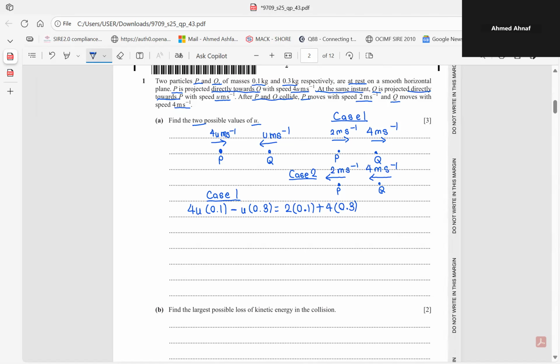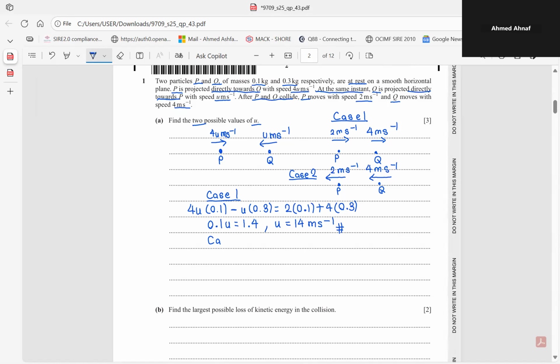Simplifying, on the left-hand side you have 4u minus 0.3u, which gives 0.1u, and that equals 0.2 plus 1.2, which is 1.4. Hence u is equal to 14 meters per second. This is our first possible value.